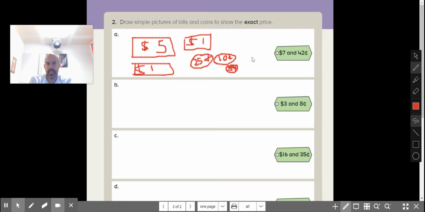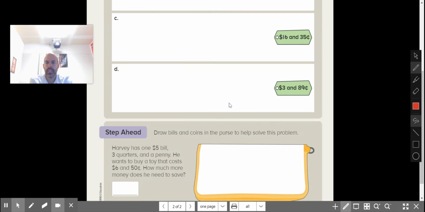So that would be 40 cents and then 2 pennies. Okay, so that's one example of what you could do. All right. Go ahead and do the rest on your own.